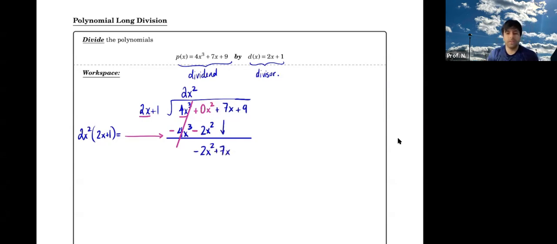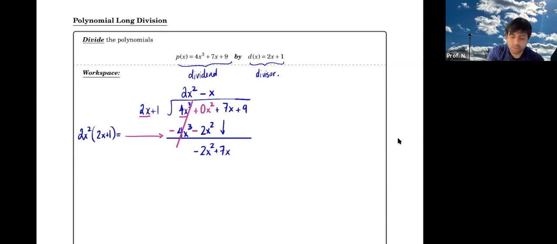And now we ask ourselves the same question: what do I multiply 2x by to give me -2x squared? We're always looking at the first term of each polynomial that we get. 2x needs a negative x.